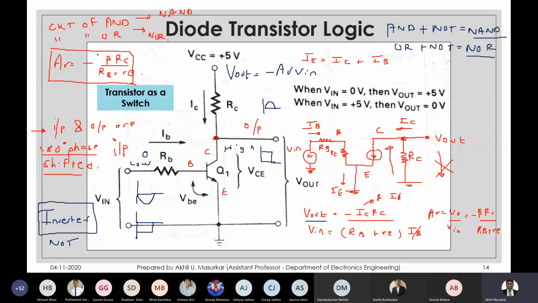But if there is a minus sign, we say that input and output are 180 degrees out of phase. That means if you give a rising signal, you will get a falling signal at the output. And if you give a falling signal at the input, you will get a rising signal at the output. So this operation is called inversion. And that is why this circuit acts like an inverter.